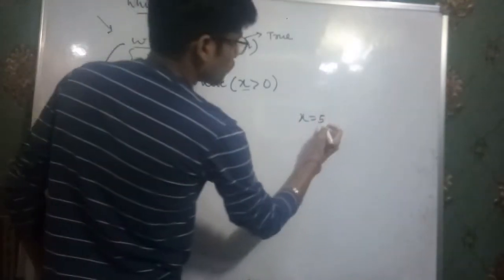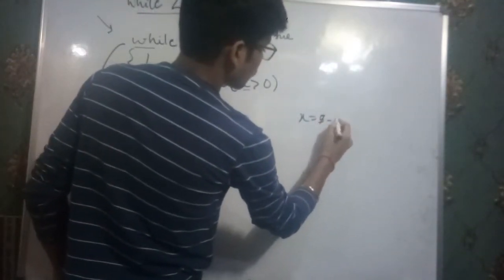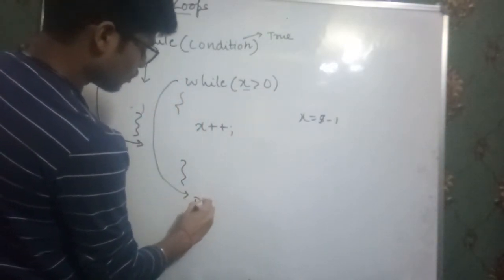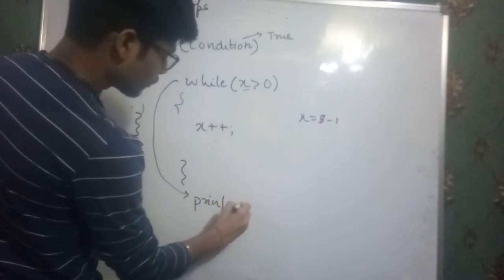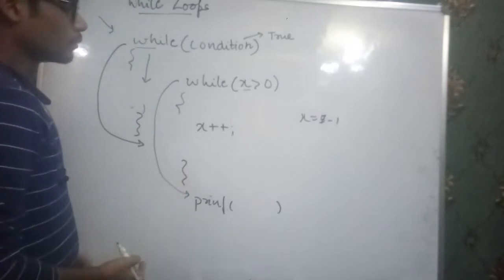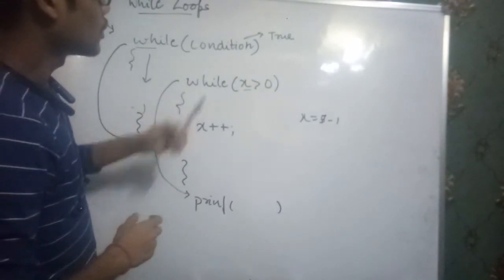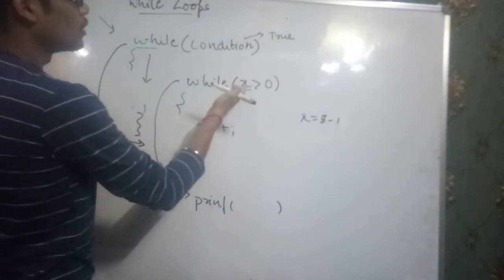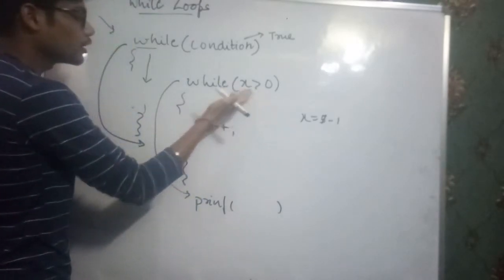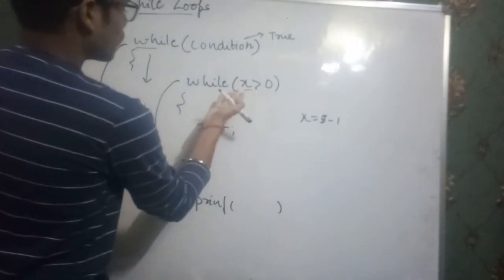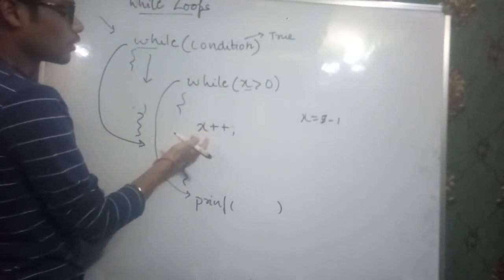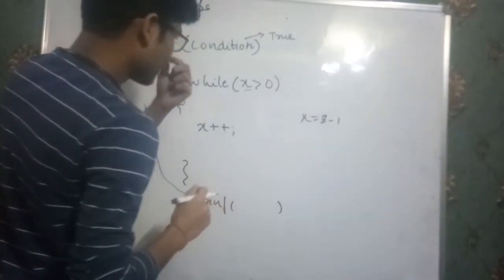If x is equal to minus 1, then this condition won't be true, and whatever C code is outside the loop will be executed. So the while loop checks whether the condition is true or false and accordingly tells the compiler to go inside the loop and execute it. So this is basically the while loop.